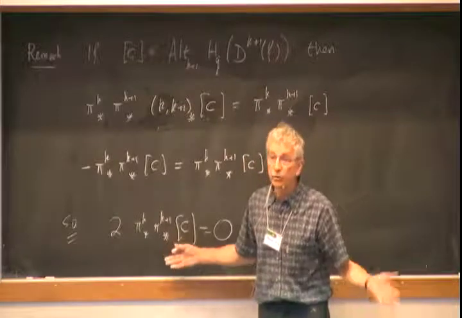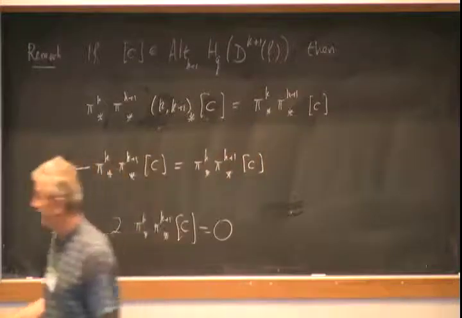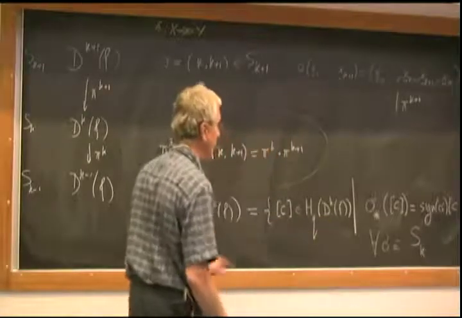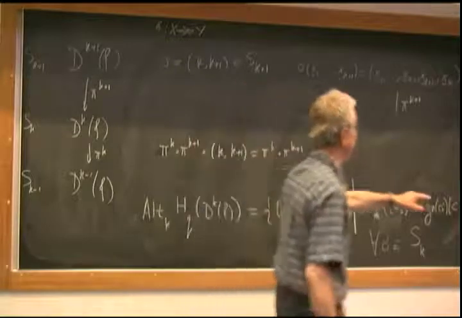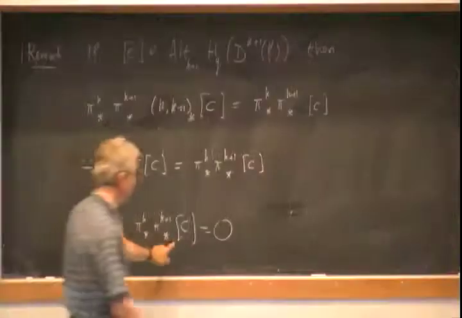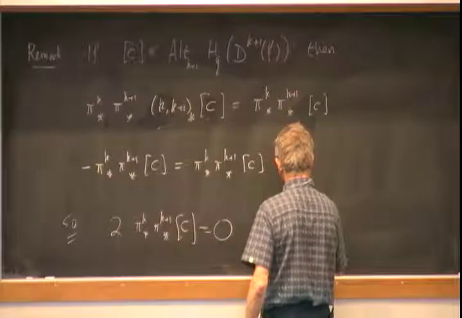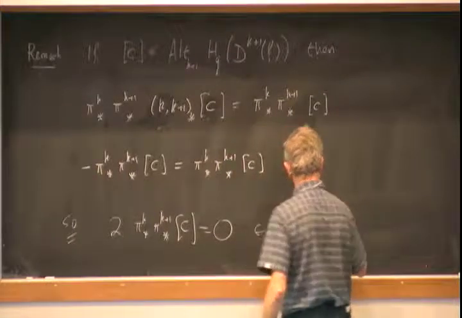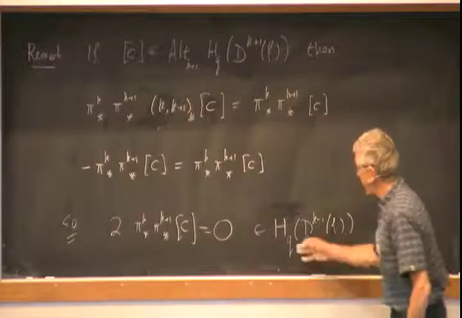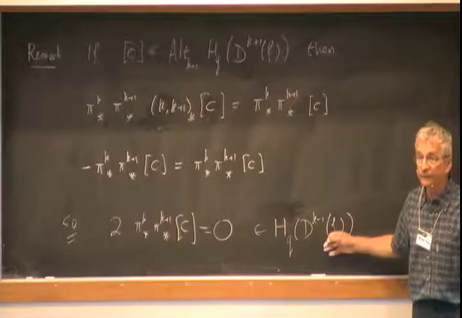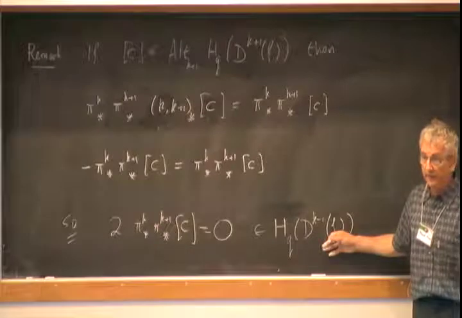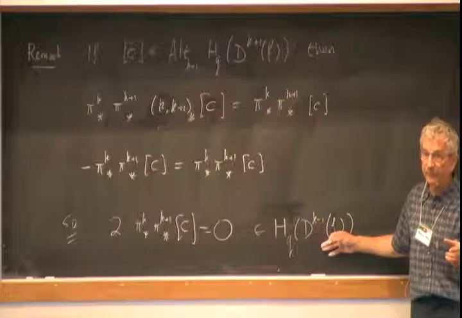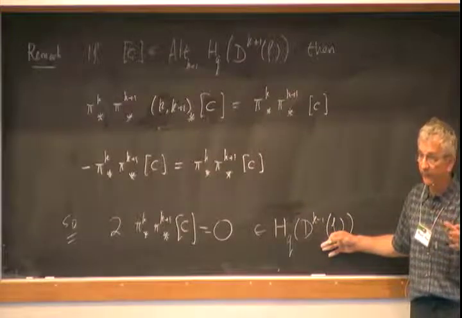But of course, that's not necessarily true, because we're in HQ of dk minus 1 f, and the problem is that dk minus 1 f might have two torsion. It might have non-trivial elements, which when you multiply them by 2, give you 0, like in projective space.